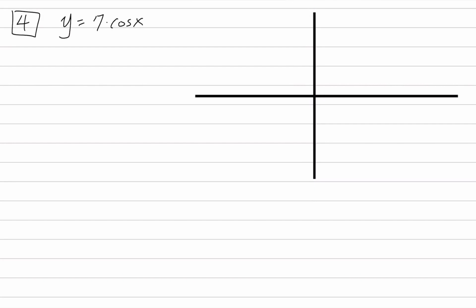Okay, so first of all, what is the period here? The period is 2 pi. Right? Nothing has changed from regular cosine x, right? So we have 0 to 2 pi, pi over 2, 3 pi over 2.